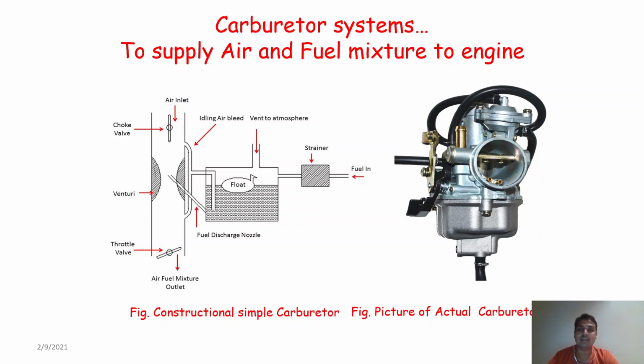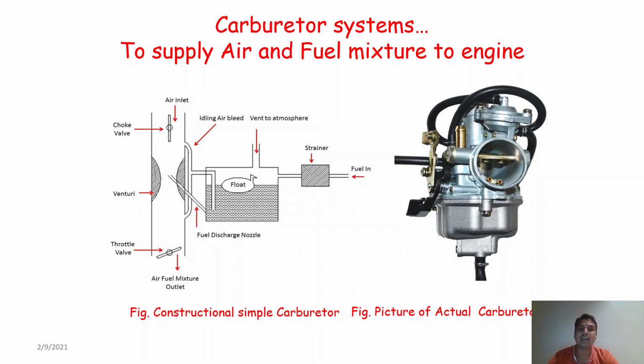Those components are the piston, cylinder, connecting rod, crankshaft, camshaft, valve mechanisms, rocker arm, and the injector system in the case of a diesel engine. We also understood that in a four-stroke engine there are four strokes of the piston: suction, compression, expansion and exhaust.